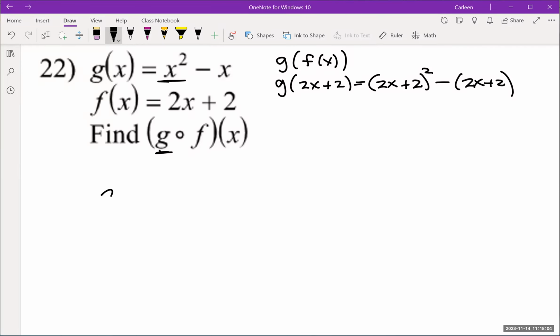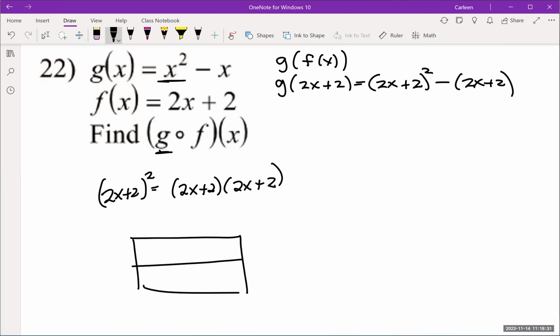Okay, so now I have to make a box. 2x plus 2 squared is 2x plus 2 times itself. So let's make a box. 2x plus 2. We have 4x squared, 4x and 4.